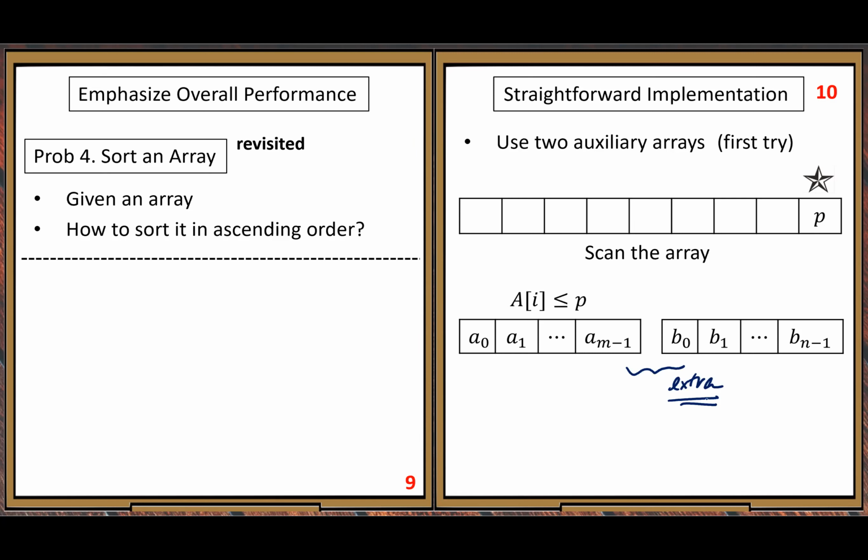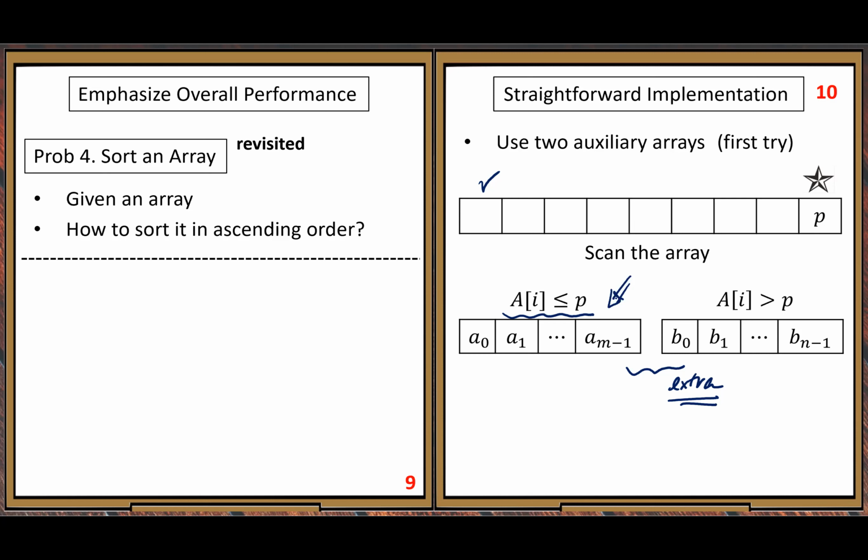Then you can imagine we just scan; when we take each element in the original array, we compare it with P. If it satisfies the condition A of I less than or equal to P, we place it in the left auxiliary subarray.